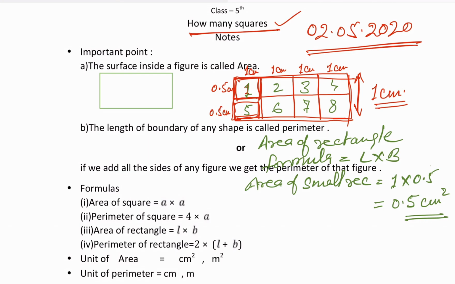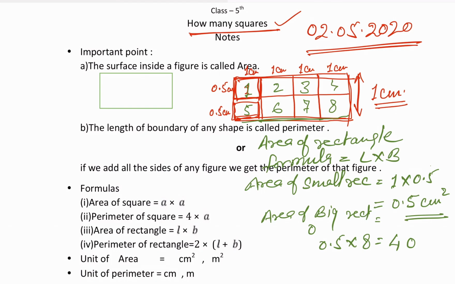And how many rectangles are there? There are 8 rectangles. Then the area of the big rectangle equals 0.5 into 8 equals, 8 times 5 is 40, then 8 times 0 is 0.